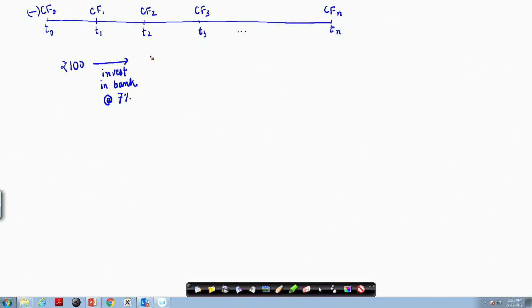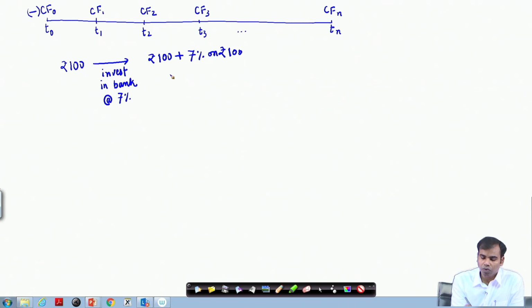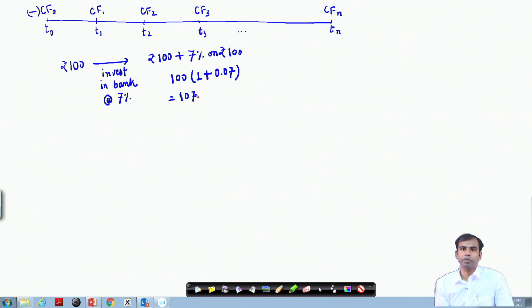So, after 1 year or one period, if that period is defined, you get 100 rupees of your money plus the interest that you are generating on 100 rupees. It is very simple. The amount of money that you are going to get is the amount of money that you have invested and the amount of money that you have earned as promised. So, you are going to get 107 in this case after one period.